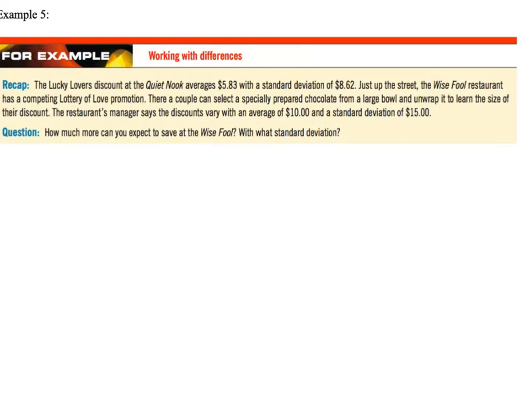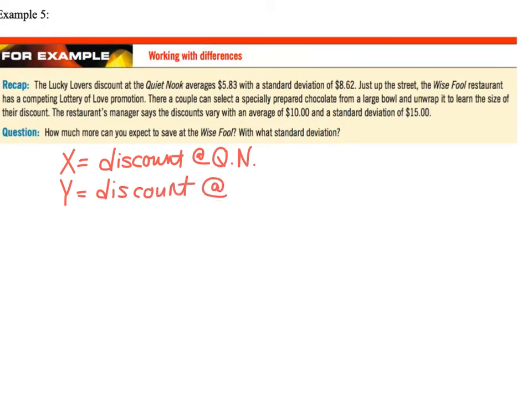So I like to put this into notation to help me really process what I'm being asked to do. So I'm going to say that my X was the discount at Quiet Nook, like it's been the whole time. And I'm going to say capital Y would be the discount, again, a random variable depending on the chocolate you pull out, at the Wise Fool. All right.